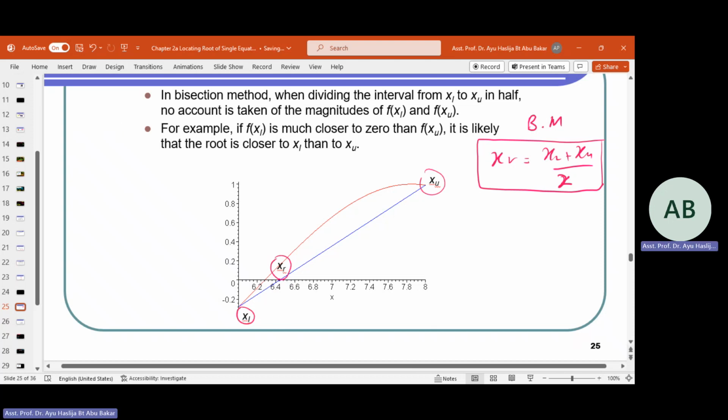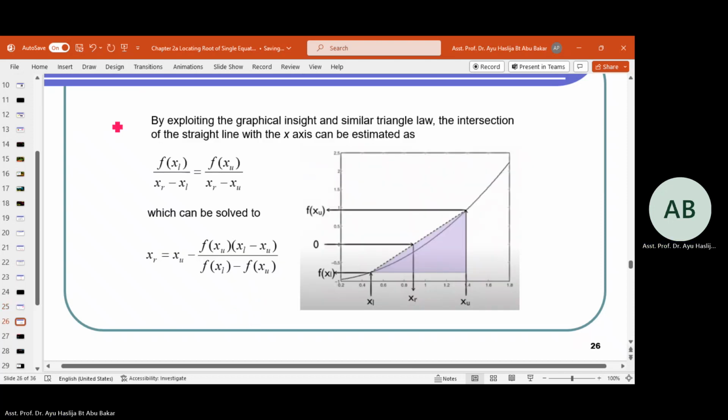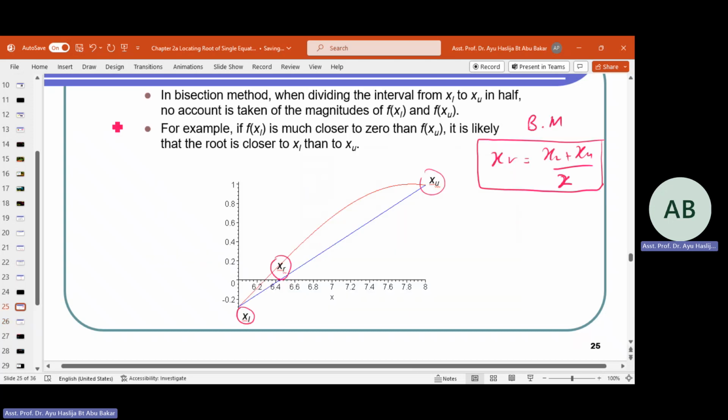But the false position method has a different assumption. In between, this is XR, let's say XR is where Y equals 0. So here is your XR.